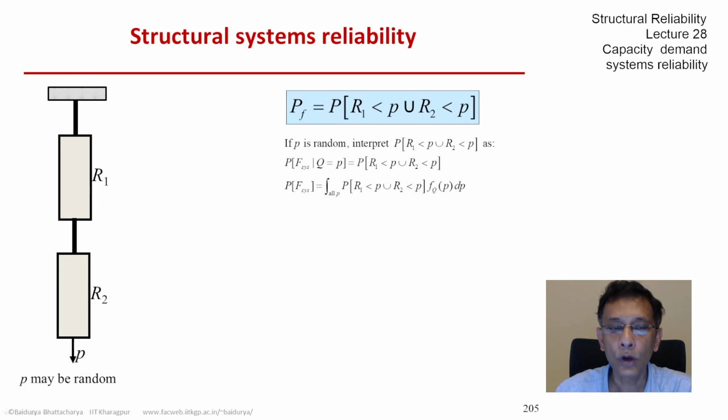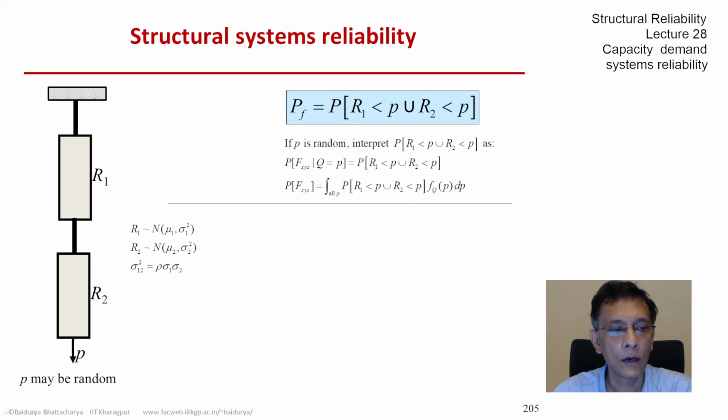But let's walk through an example and see what effect this introduction of the third random variable, randomness in the load, would cause. Obviously, we should expect that the failure probability should go up because now the load is also uncertain. Let's see how that looks through an example, and we'll continue with the example from the previous slide.